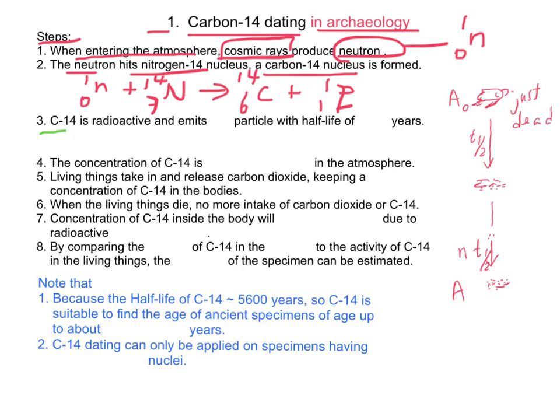The carbon-14 nucleus is radioactive and emits a beta particle with a half-life of about 5,600 years. The decay equation is as shown, where the daughter nucleus is nitrogen.